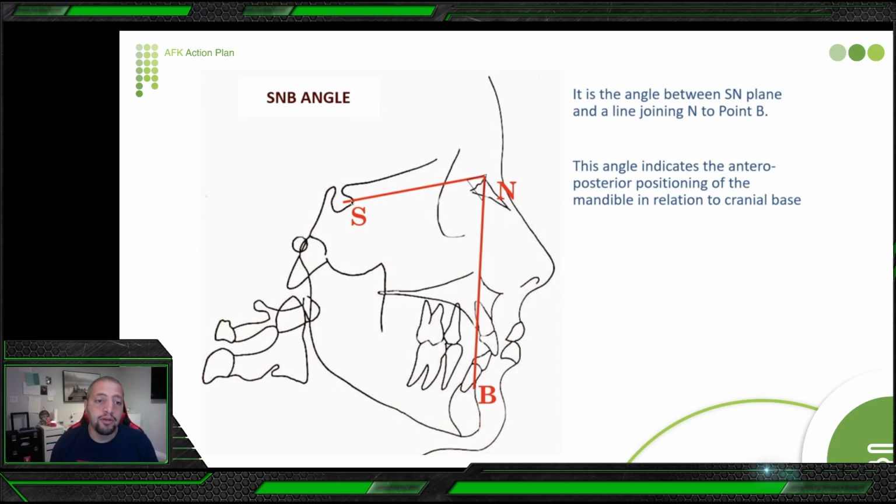You need a third point to get an angle, so you can trace it. It's the angle between the SN plane and the line joining nasion to point B, and point B is in the mandible. The angle indicates the anteroposterior positioning of the mandible in relation to the cranial base.